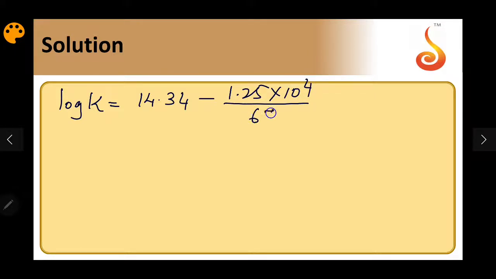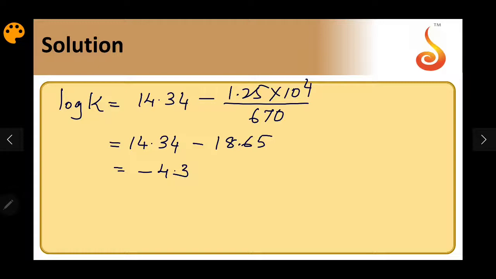So again, I'll take the same equation, log K equals 14.34 minus 1.25 × 10^4. Instead of T, I'll put 670. So this becomes 14.34 minus, if I take 1.25 × 10^4 divided by 670, it comes to 18.65. So the difference will be minus 4.331. So I can take it as 4.3.